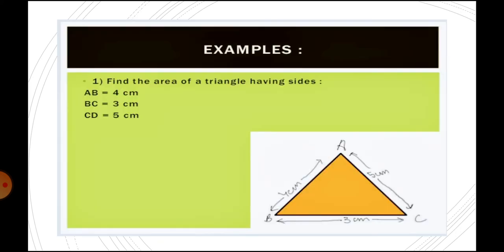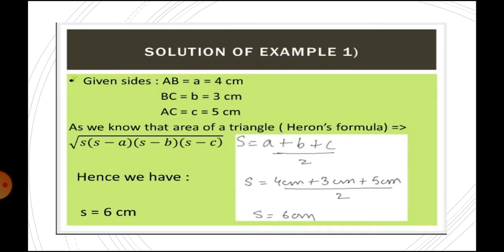Now let us take an example. Find the area of a triangle having sides 4, 3, 5. Given sides are a is 4 cm, b is 3 cm, c is equal to 5 cm. Now put these values in Heron's formula.